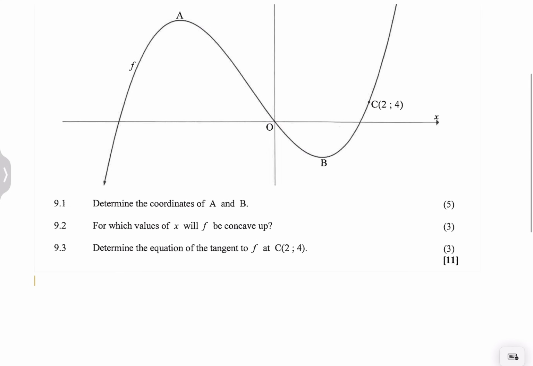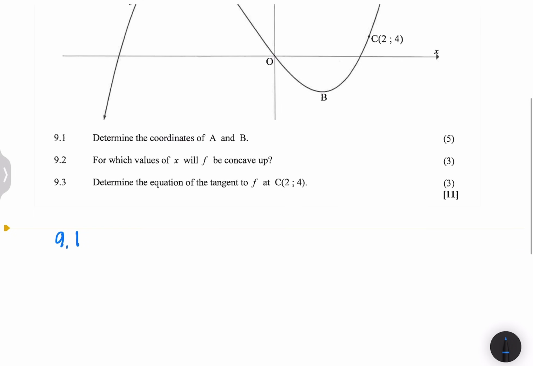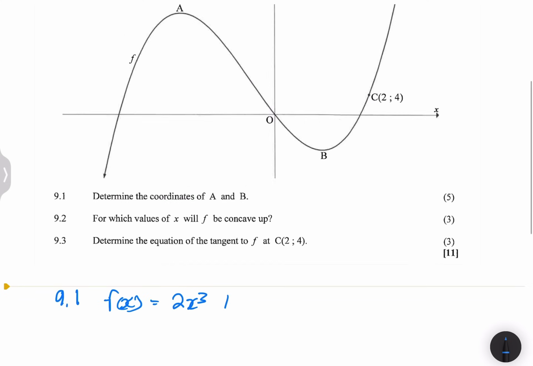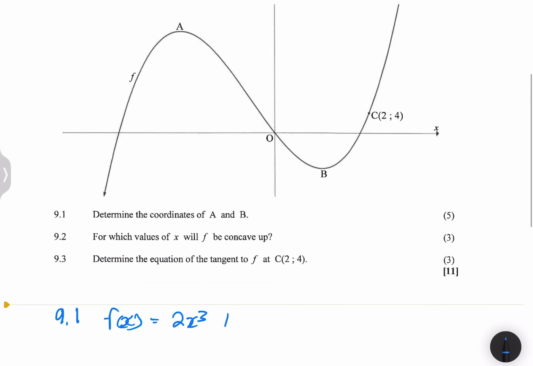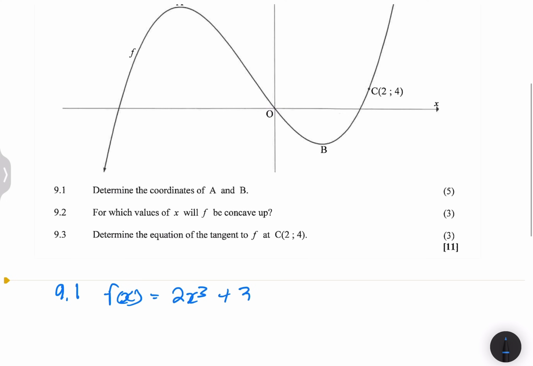Now, remember, to get the turning point, in fact, let me just write down, first of all, what f of x looks like. Okay, so f(x) is 2x cubed plus 3x squared minus 12x, right?